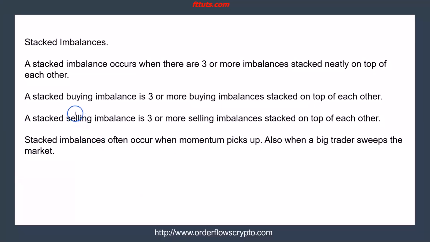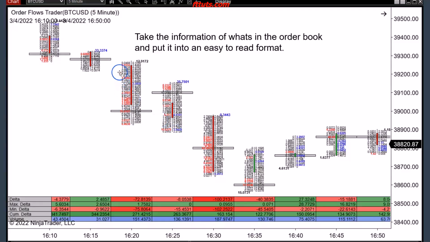And stacked imbalances often occur when momentum picks up, also when a big trader sweeps through the market. Okay, a market that is currently in a flow-driven move, you're going to see generally stacked selling imbalances because there's a lot of aggressive selling going on. Just as when a market starts rising, you're generally going to start seeing the stacked buying imbalances come in.